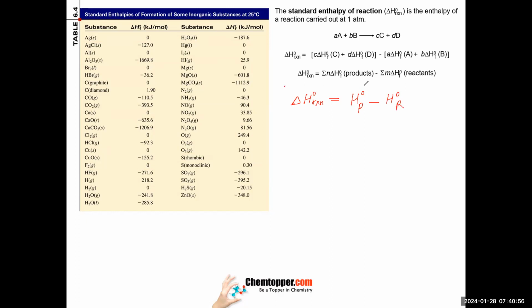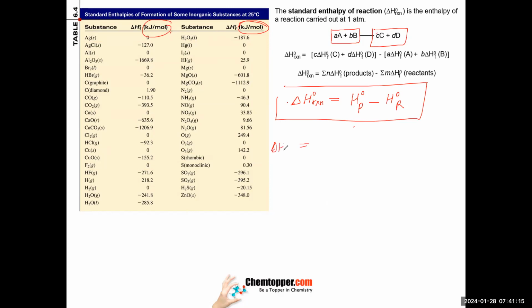That is the simple equation we know from the energy profile. But if I have two reactants and two products, with different moles, c, c, d, d, these values are in kilojoules per mole.